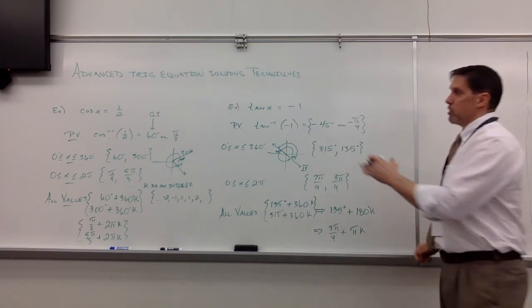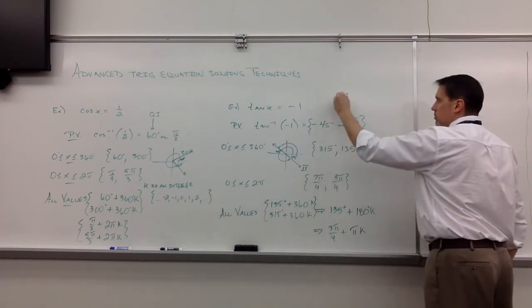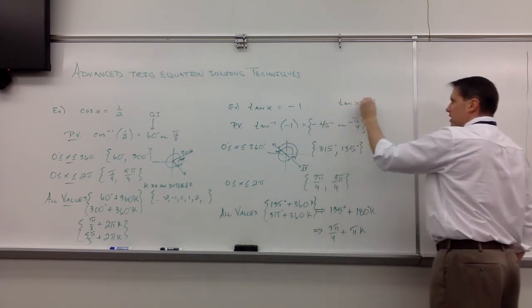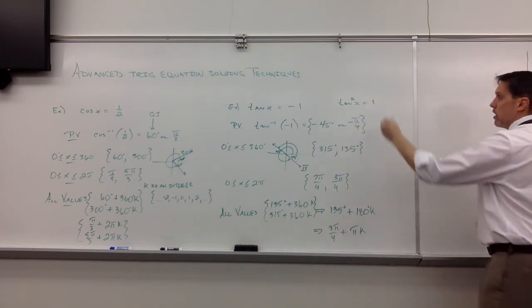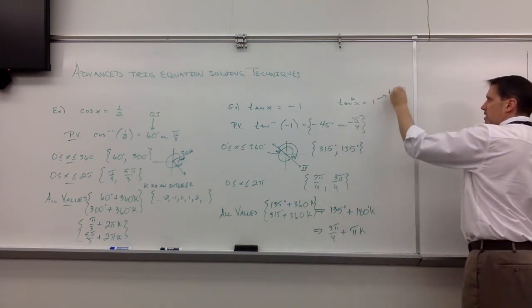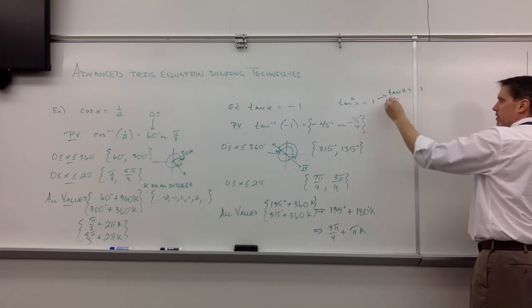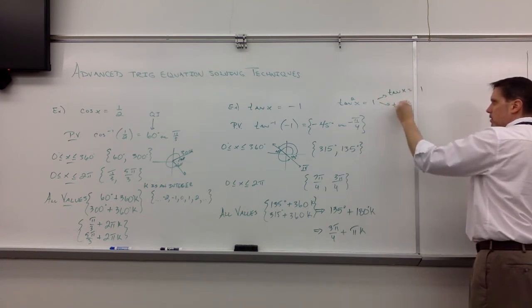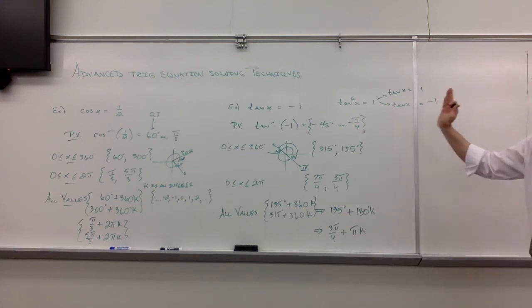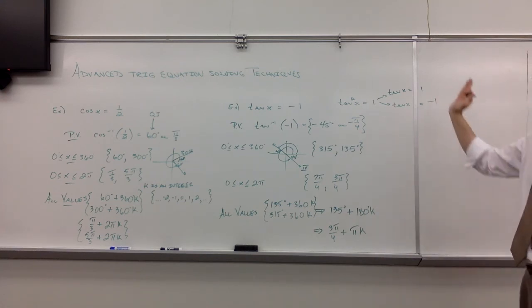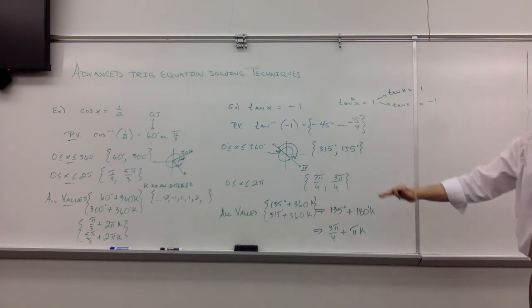Particularly if it was something like tangent squared of x equals 1, in which case you would get tan of x equals plus or minus 1. In this case, if you would graph all those solutions, your solutions would be 45 degrees plus every multiple of 90.